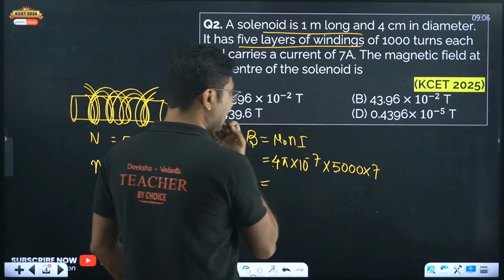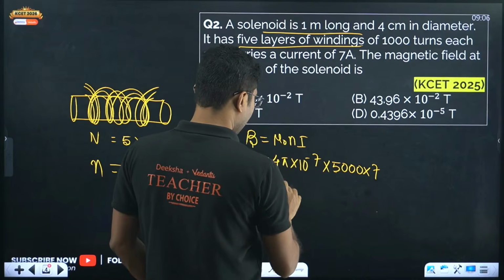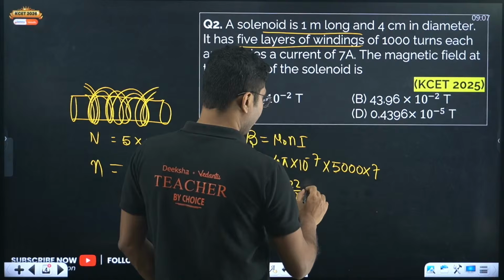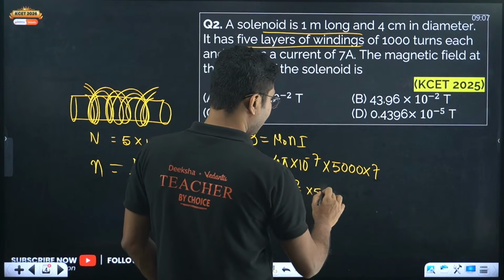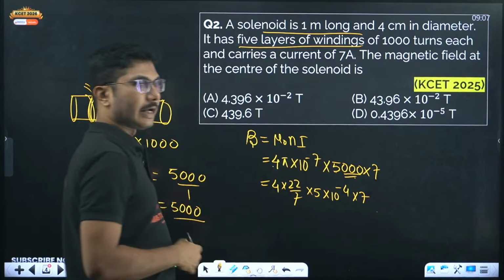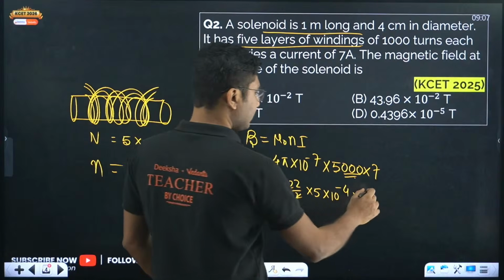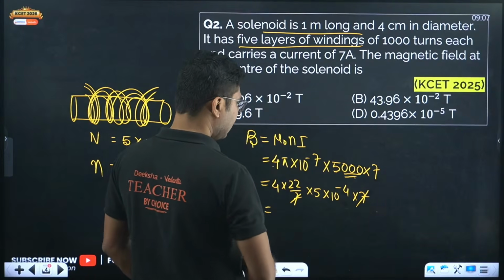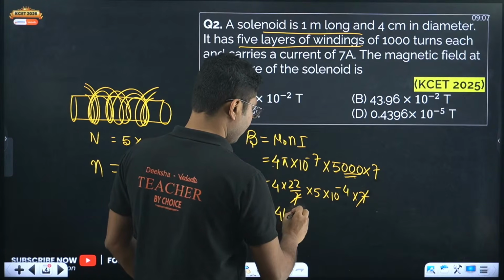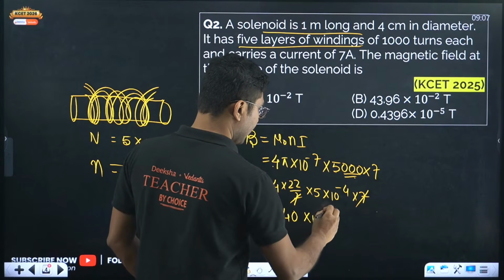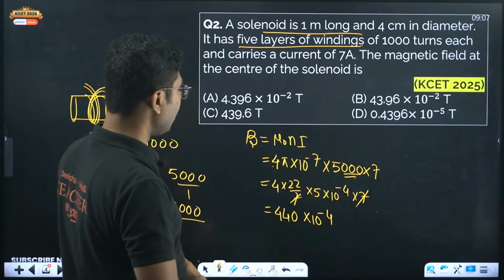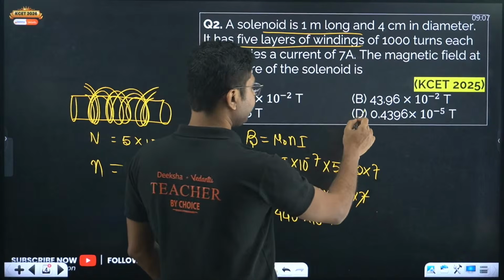Let me write pi as 22 by 7, our old friend, into 5 into 10 to the power of minus 4 into 7. So these three zeros I have adjusted with 10 to the power of minus 7. So 7 7 cancels and we get this as 20 into 22, that is 440 into 10 to the power of minus 4. Now if you see the options, which option do you think is correct? So obviously this is not the correct match.